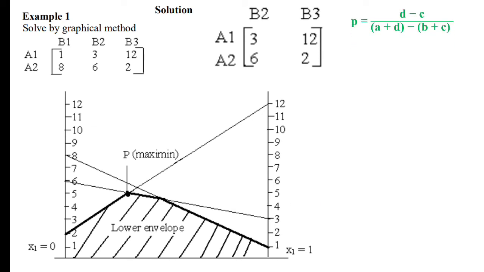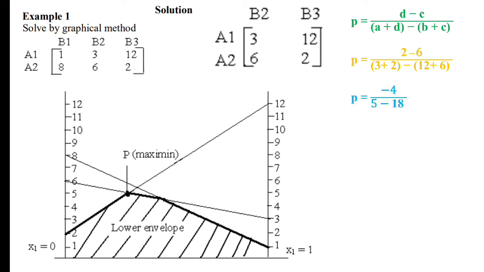Then use the formula p equal to (D minus C) divided by (A plus D minus B minus C). Then substitute the values: (2 minus 6) divided by (3 plus 2 minus 12 minus 6).